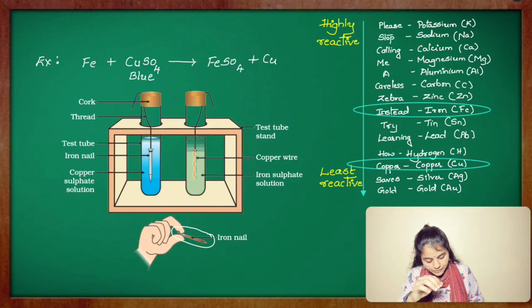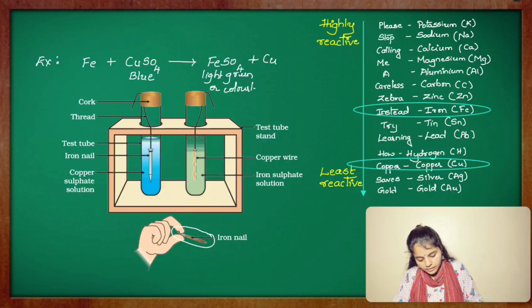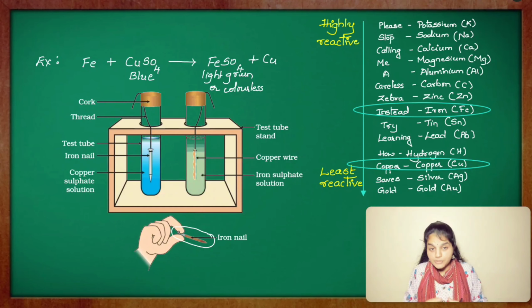The iron nail which we had placed is now coated with a brown layer of copper, and the color of the copper sulfate solution, which was initially blue, turns light green or nearly colorless.